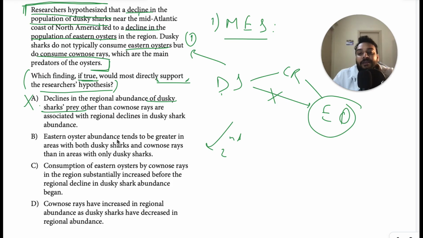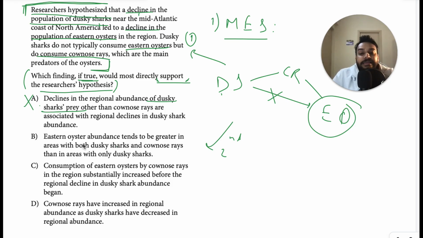Option B: eastern oyster abundance tends to be greater in areas with both dusky sharks and cow-nose rays than in areas with only dusky sharks. Since dusky sharks don't consume the oysters but consume cow-nose rays, imagine an area where the sharks and cow-nose rays are both there.